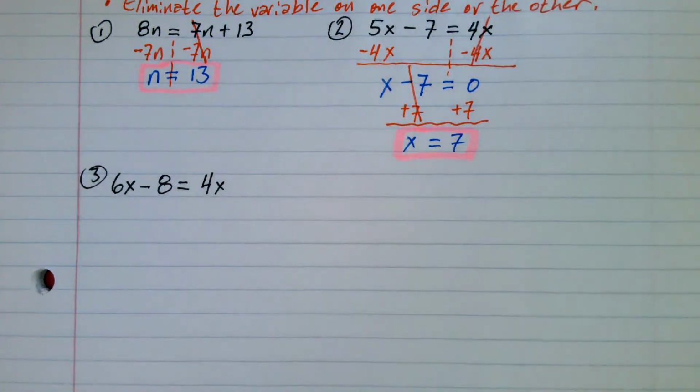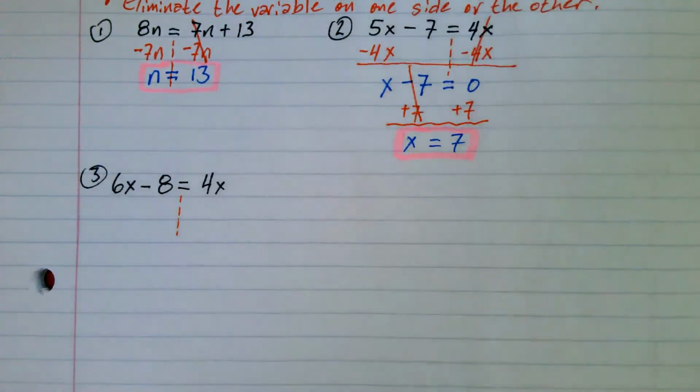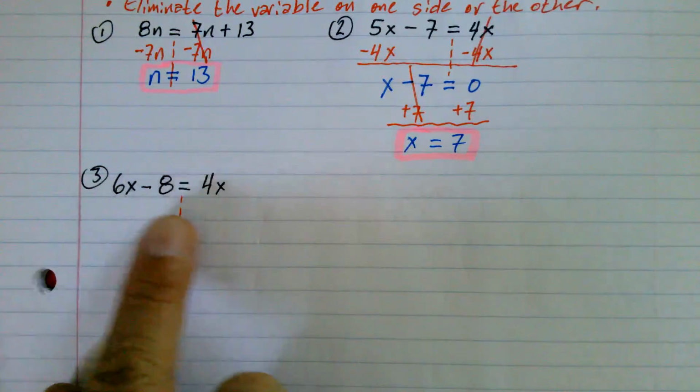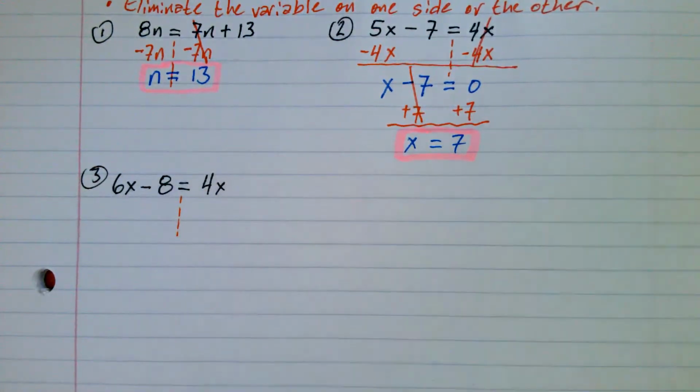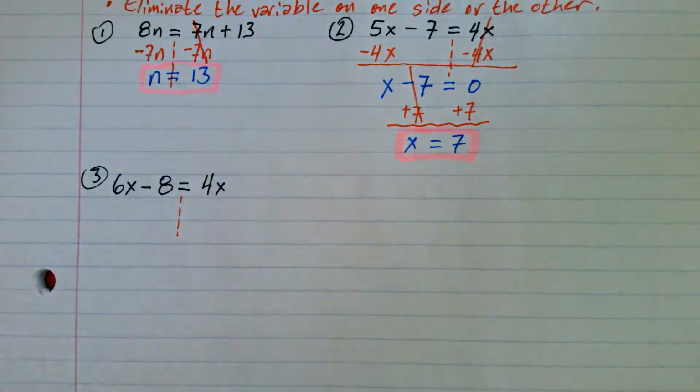Think about what we did before, guys. Start off with the fact that you have variables on both sides, so I'm going to draw that little border. Can I combine like terms either on the left or on the right? Tell me in the chat. Can I combine variables?